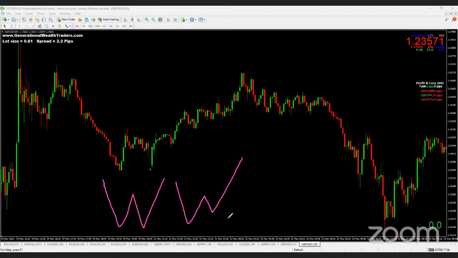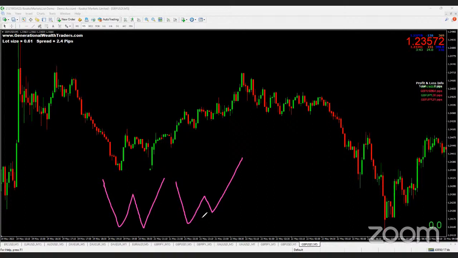I'm sure if you show this to a 4-year-old, 3-year-old, 5-year-old, they will say W. That's what they will call it. Why? Because it's obvious. But then they will tell you, daddy, mommy, auntie, uncle, you didn't draw it properly. Why? Because it's not properly drawn. But hey, we are Forex traders. We want to be able to spot perfect and not so perfect W's on the chart and trade it profitably.